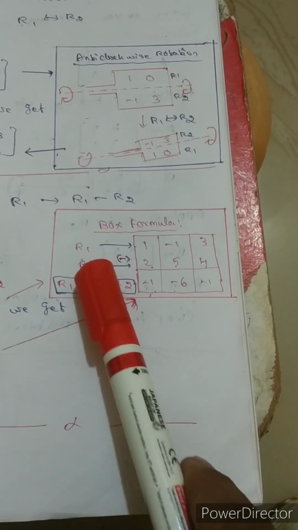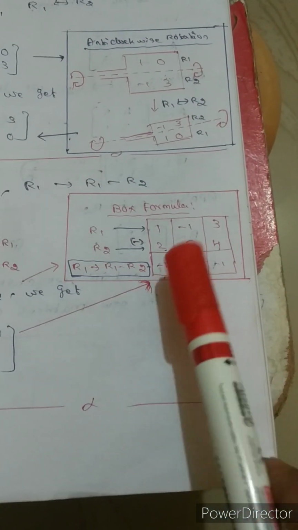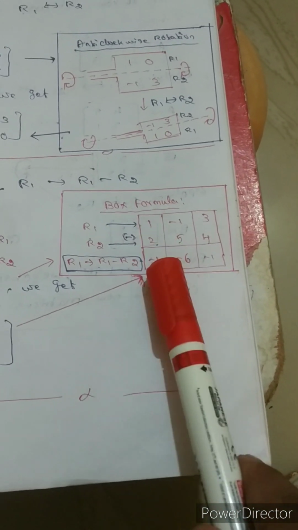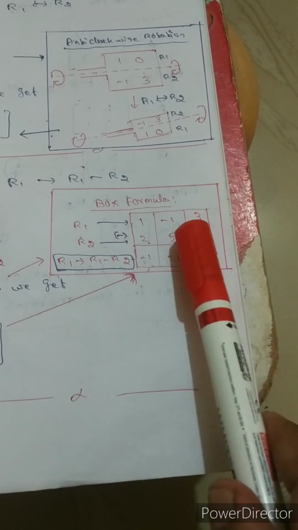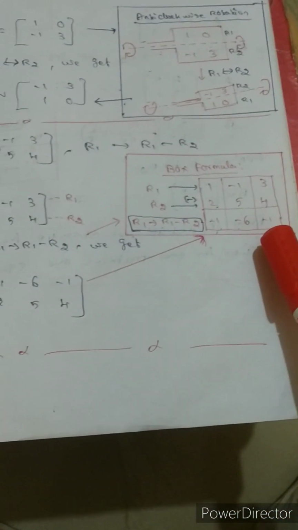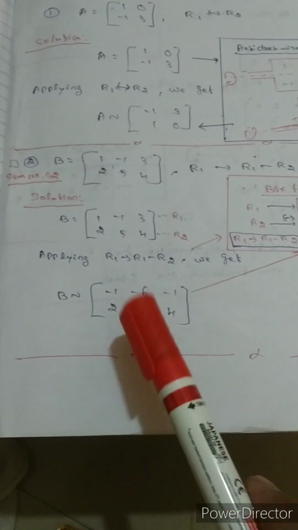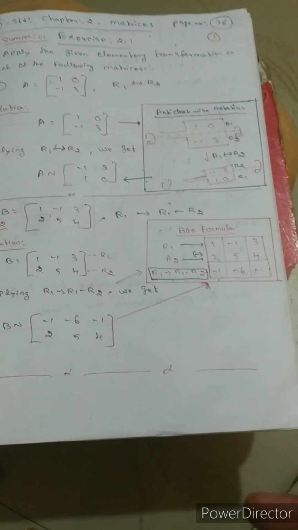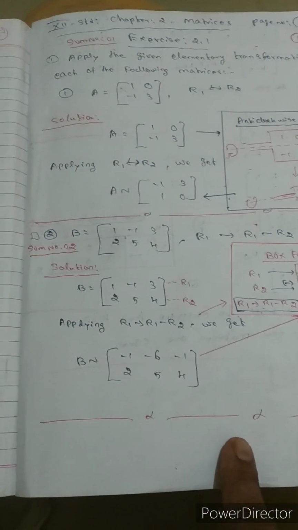Same 2, 5, 4. R1 minus R2. 1 minus 2 means minus 1. Minus 1 minus 5 means minus 6. 3 minus 4 equal to minus 1. The same value I have written here for finding the answers. Next, sum number 1 has completed.